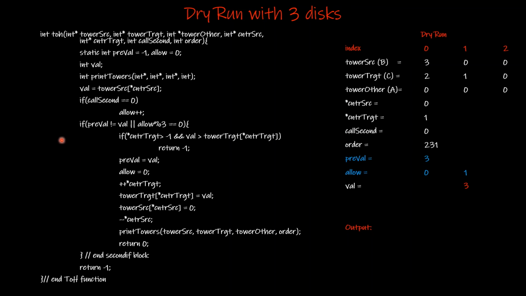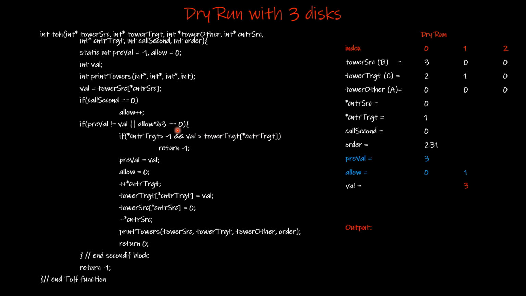Next this condition is checked. Is pre-val not equal to val? That is not true. Pre-val and val are same, so this part is false, so we are forced to evaluate this part. Allow modulo 3 equal to 0? Allow is 1, modulo 3 is not equal to 0. Even this part is false, right?